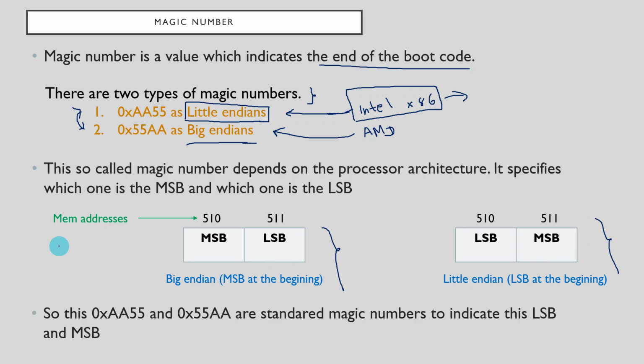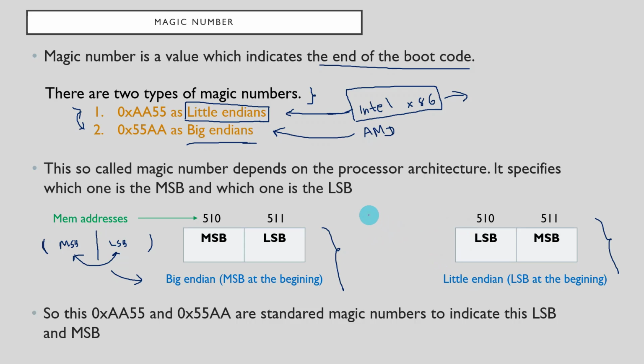This is just a representation of how big endian and little endian work. When you consider a whole byte, this can be divided into two parts. The first one is, let's say, the MSB, most significant bit, and the second one is the least significant bit. If we write it like this, then this is big endian.